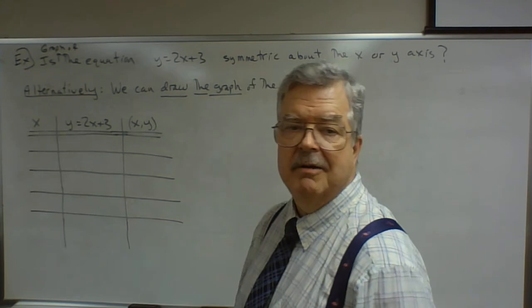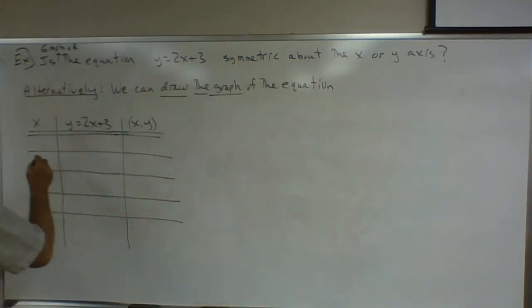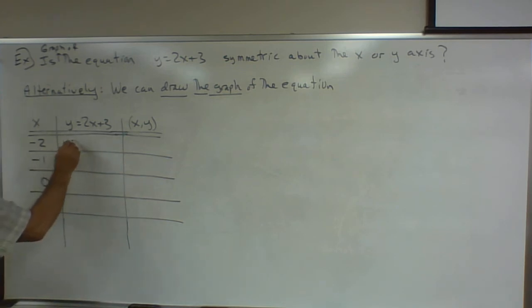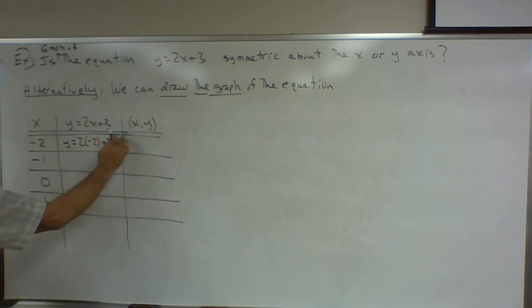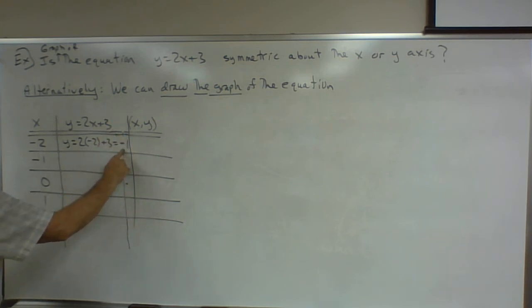And we'll take our old friends for x coordinates, -2, -1, 0, 1, 2, those look like good candidates. And we plug them in, and y is equal to 2 times -2 plus 3. And that's what? -4 plus 3 is -1. Holy moly.